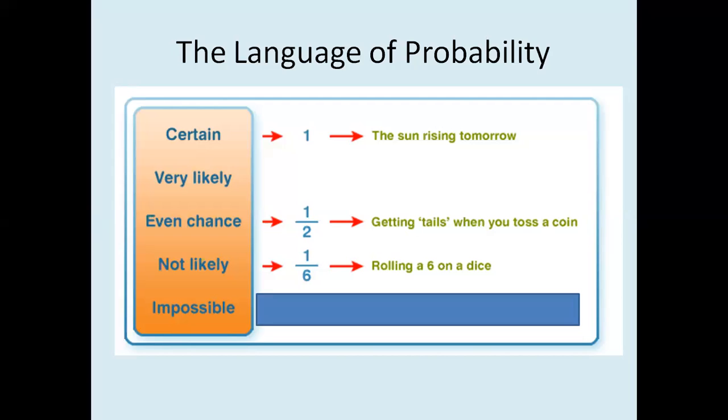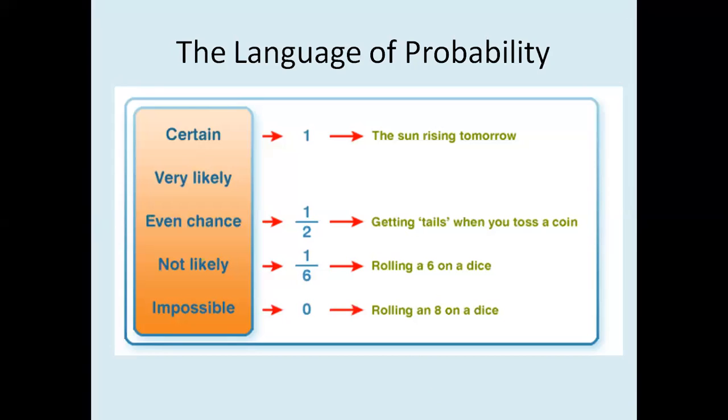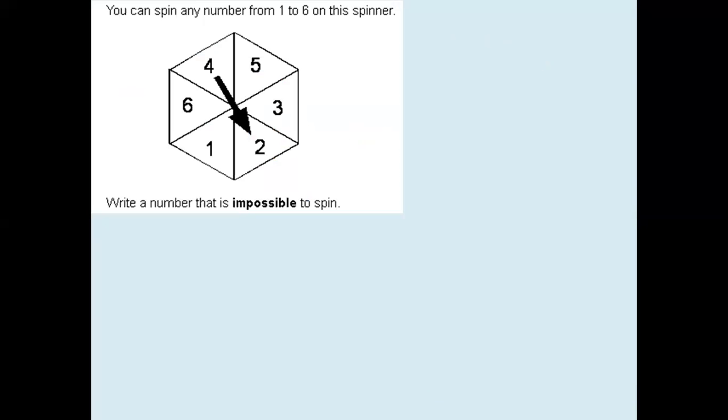So we will get number 6, but it's unlikely, less than half. Impossible, 0, like rolling number 8 on a dice. The dice doesn't have number 8, so that's something impossible to happen. So this is in general the main ideas of probabilities. Let's do this example together.